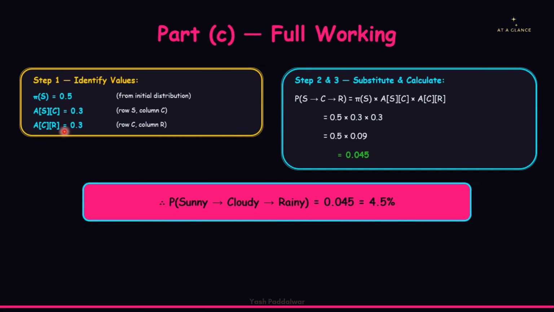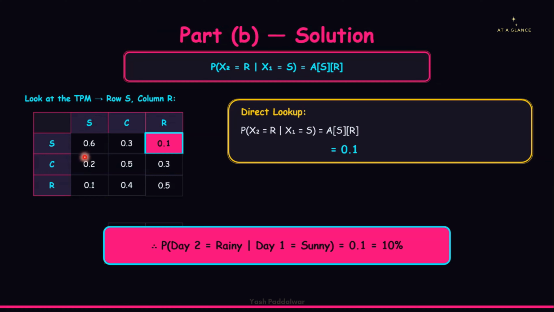Now let's find out all the values. We have pi of S given in the question as 0.5 from the initial distribution in the problem statement. We have A of S, C, the transition probability of sunny to cloudy, as 0.3. In the transition matrix, from sunny to cloudy it is 0.3, right?